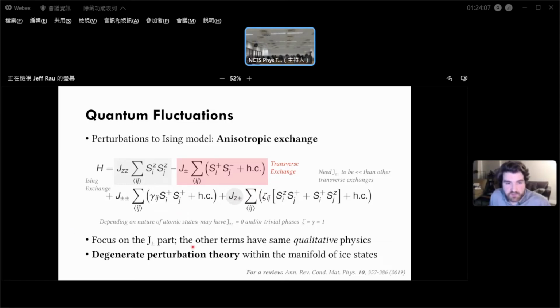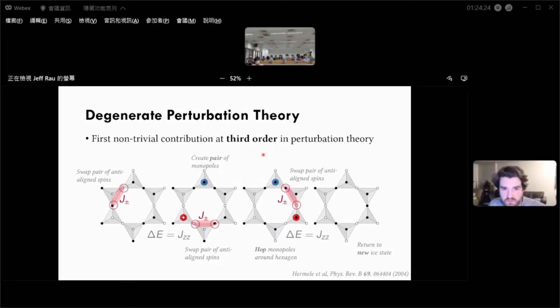So with that set up, what do we want to do? Well, we have an exponentially large degenerate manifold from this state here. We're adding a perturbation, so we want to do degenerate perturbation theory within that manifold. It's a little bit unpleasant, but it's not too difficult to at least qualitatively see what should happen.